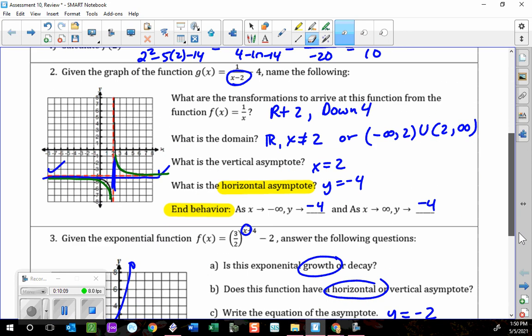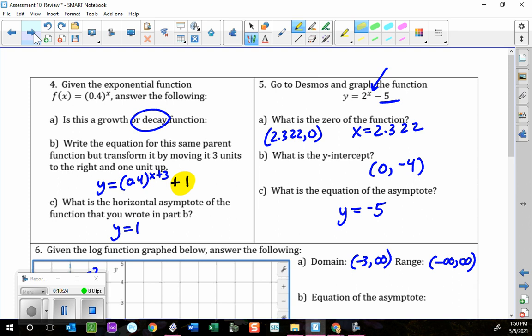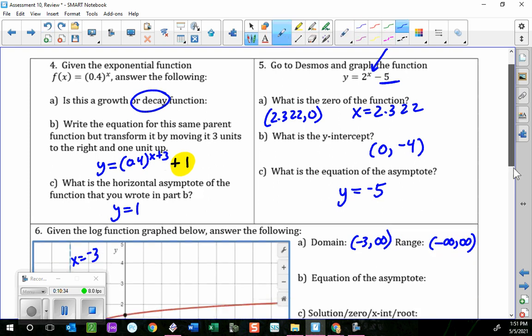So remember back here, my domain was anything I wanted, but my range was restricted. So that's the opposite of what's going to happen with a log function. In a log function, your range is anything you want, and your domain is restricted. So it's like flip-flops.